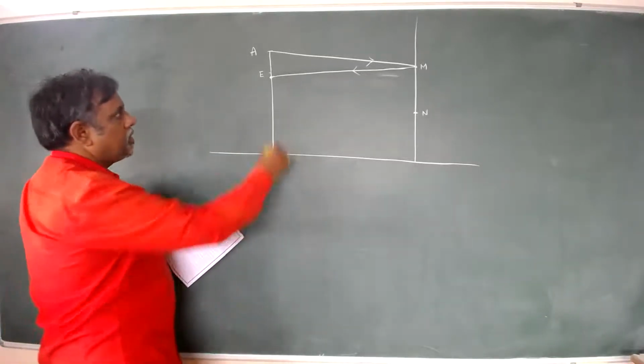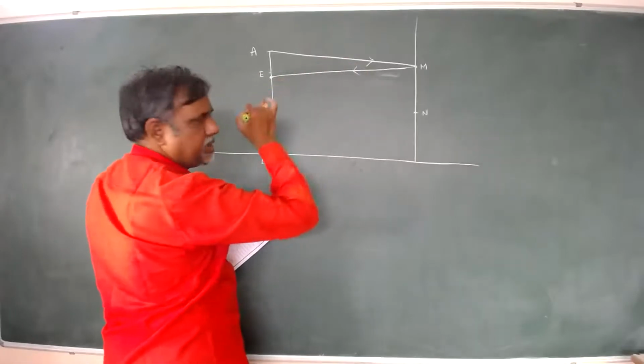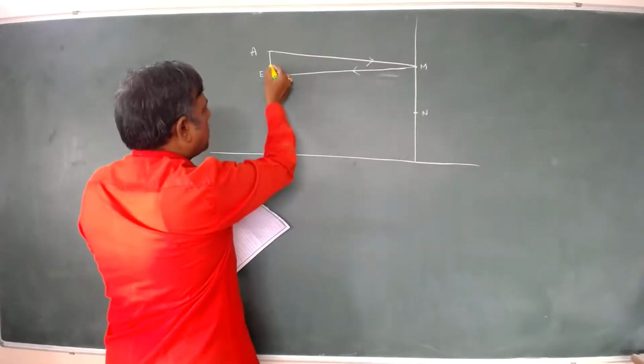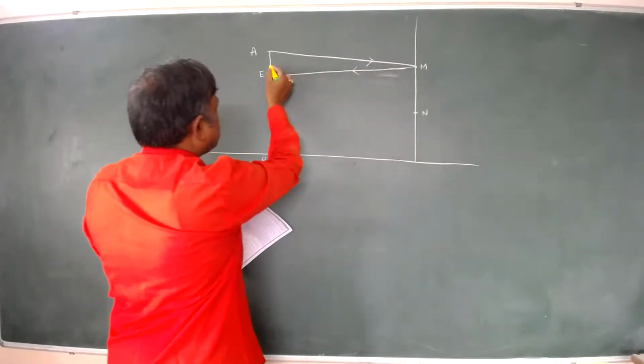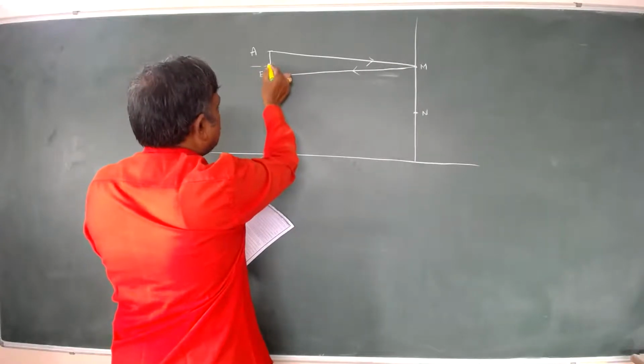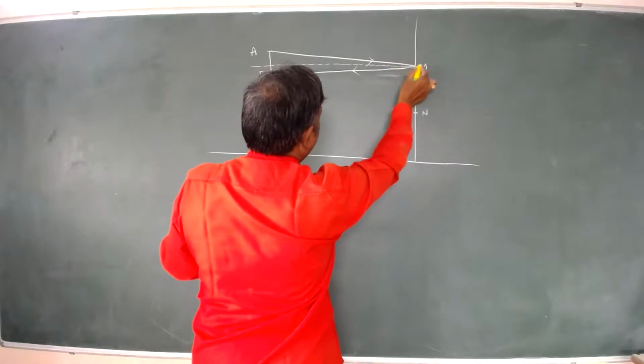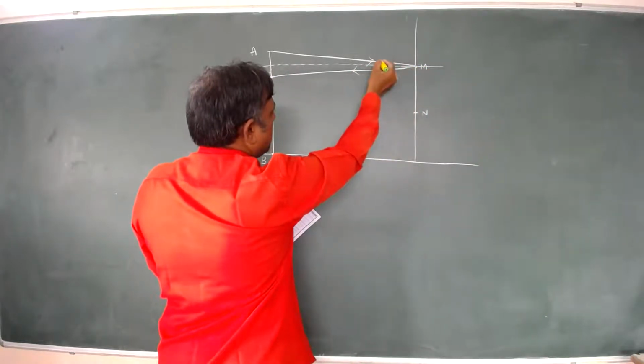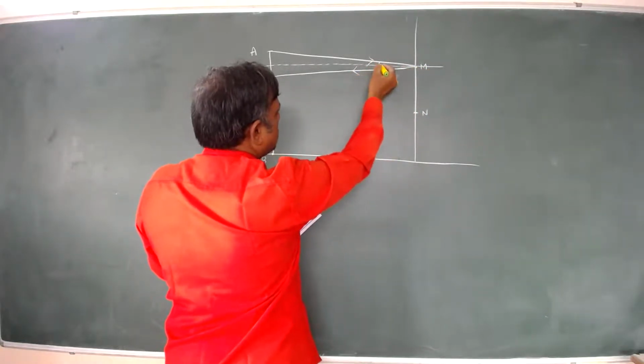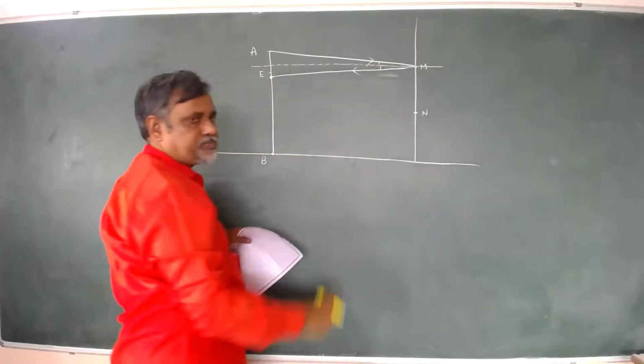Understand? Now, during this reflection, a normal drawn through the point of incidence becomes the normal over here. Since it is a regular reflection, this becomes the angle of incidence and this becomes the angle of reflection.